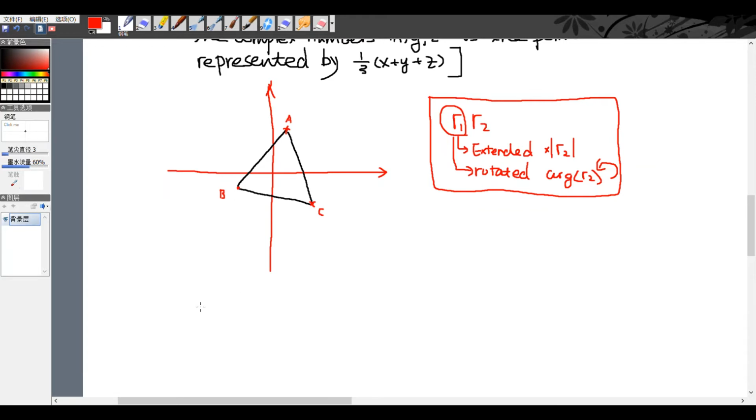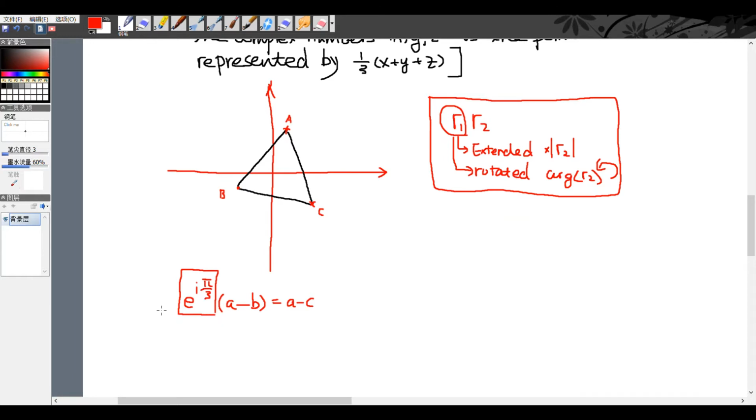By noticing this, we have e to the i pi over 3 times (a minus b) is equal to a minus c. Because the lengths of the sides of an equilateral triangle are the same, we can just multiply by e to the i pi over 3 to represent the rotation by pi over 3 anticlockwise.